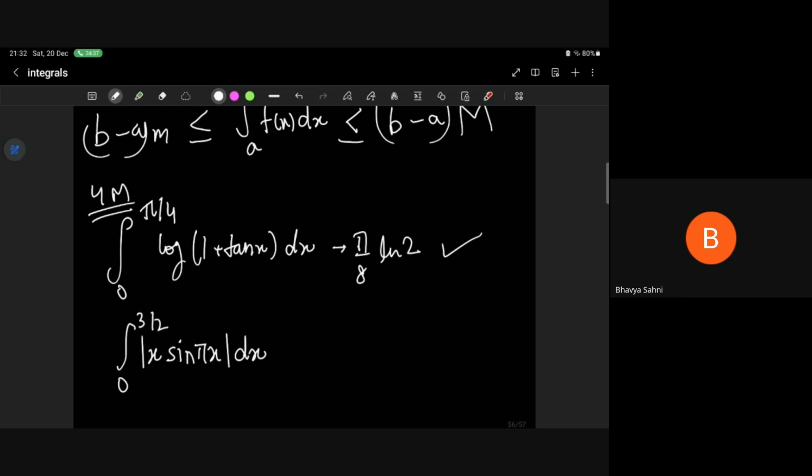Try out the second one. Yeah, I'm trying it out.